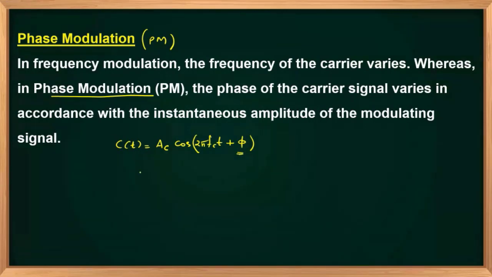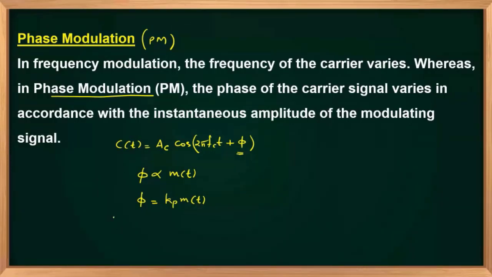In this modulation scheme, this phase angle phi is made proportional to the modulating signal, so phi can be written as kp into m of t. So the instantaneous phase of the carrier is made to vary in proportion with the modulating signal.